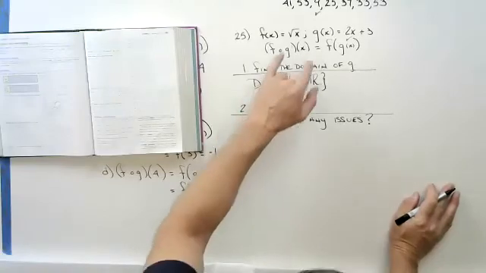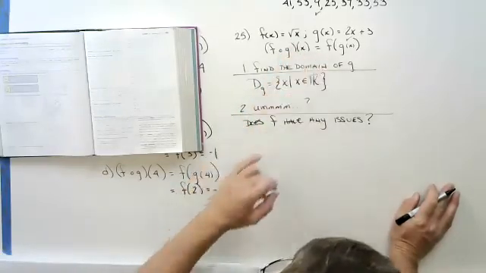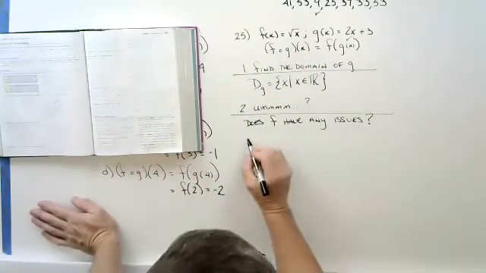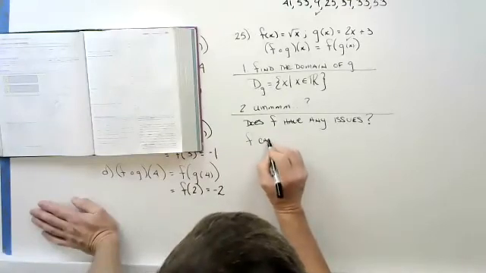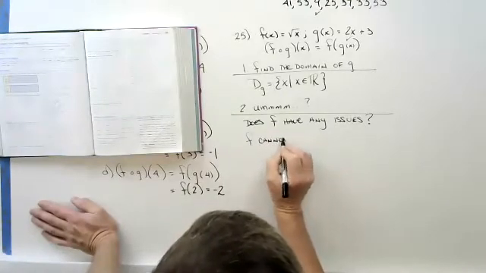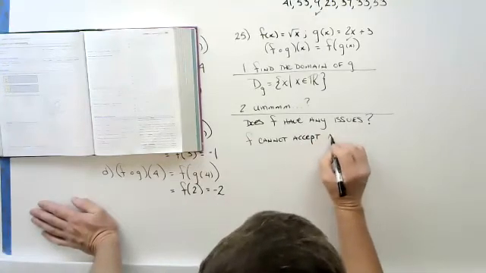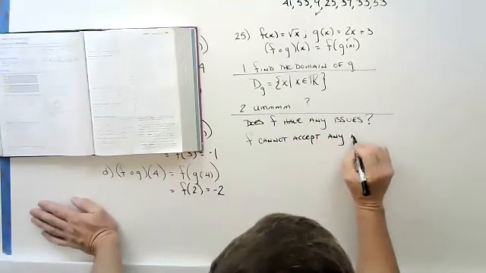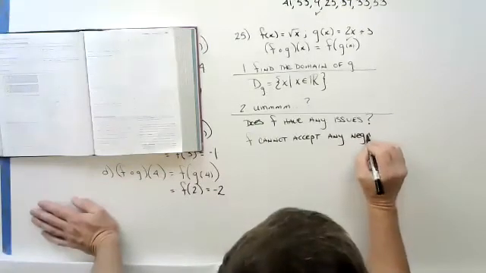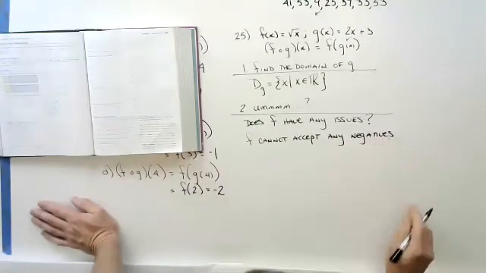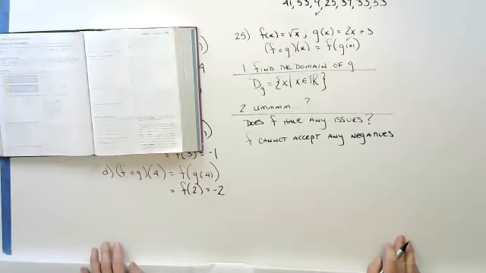And so we look at f. f is the square root of x. So f cannot accept any negative numbers, right? Because we can't take the square root of negatives, because there's no complex numbers when we talk about domains of functions.